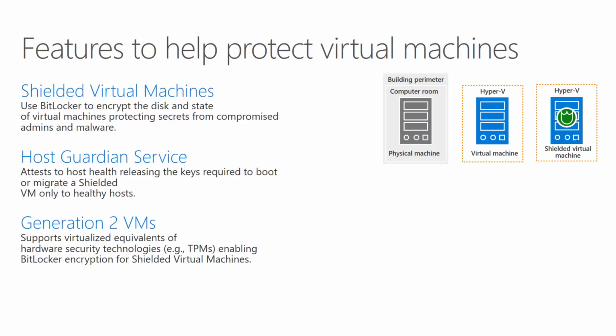In order to leverage these capabilities, you need to be using Generation 2 VMs, which a lot of Windows Server 2012 R2 and Hyper-V Server 2012 R2 customers are already doing. Then we need to leverage things like the TPM capabilities so that we can enable things like BitLocker.